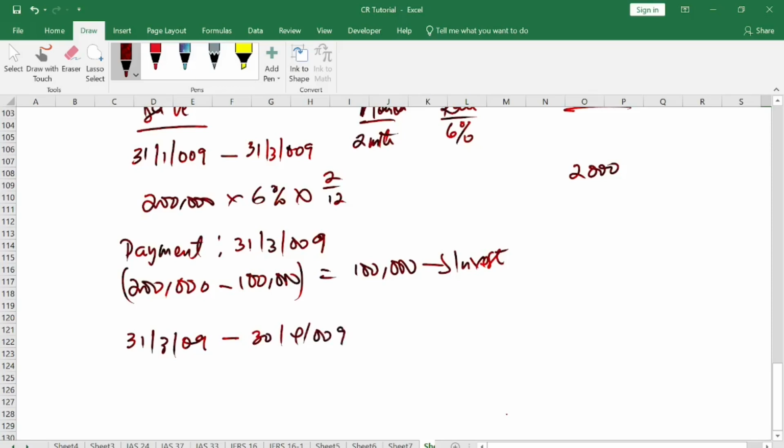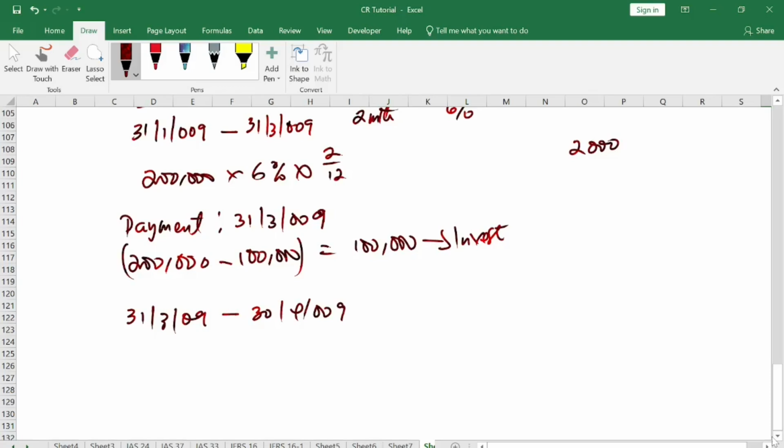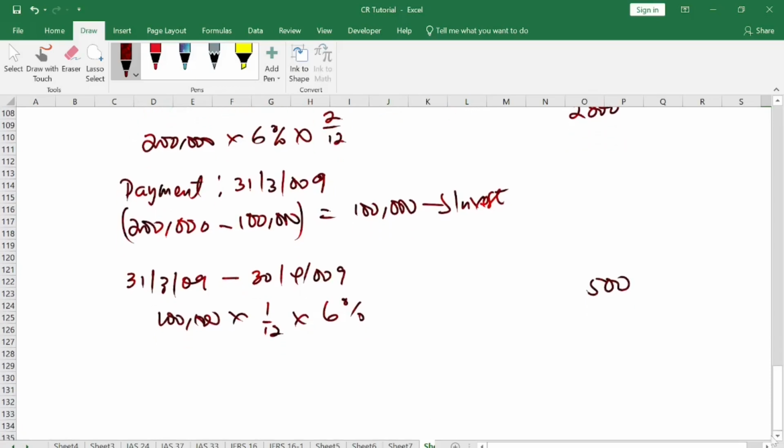That is 1 month. So you pick how much you invested, 100,000, multiply by 1 month, multiply by the interest rate. How much do you have? 500.